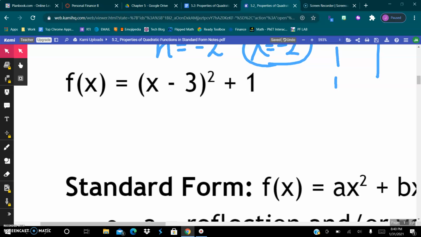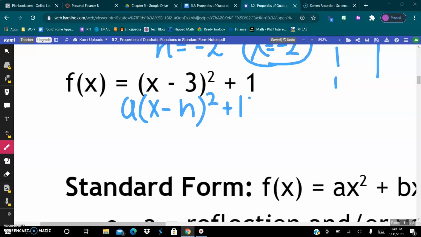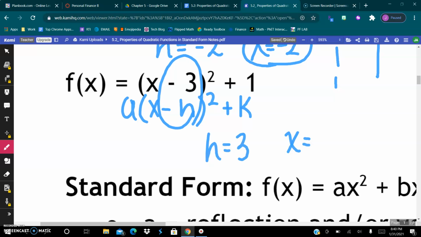And then for this one, remember a times x minus h squared plus k. This one already is in a minus, so we don't have to worry about the negative sign. Our h value is 3, so our axis of symmetry equation is x equals 3.